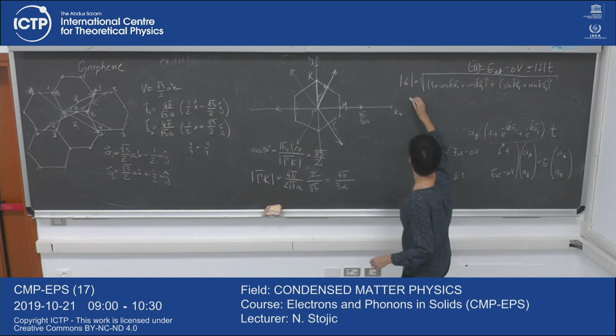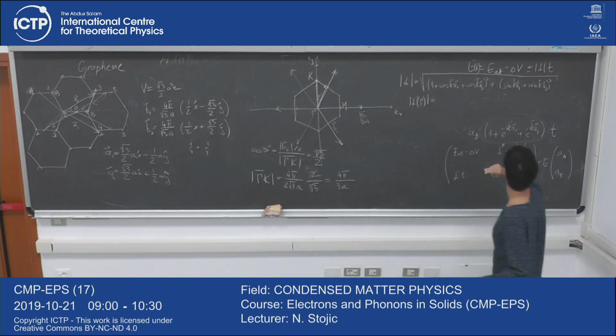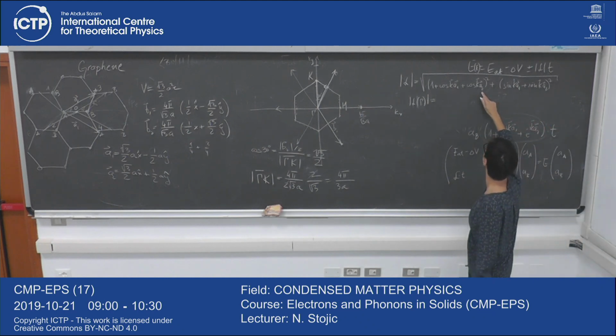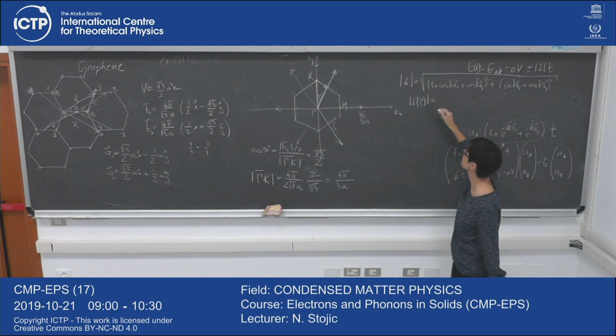Okay, so alpha of 0, the gamma point, is equal to what? This is 0, this is 0, then we get 3. 3 squared, root remains 3.